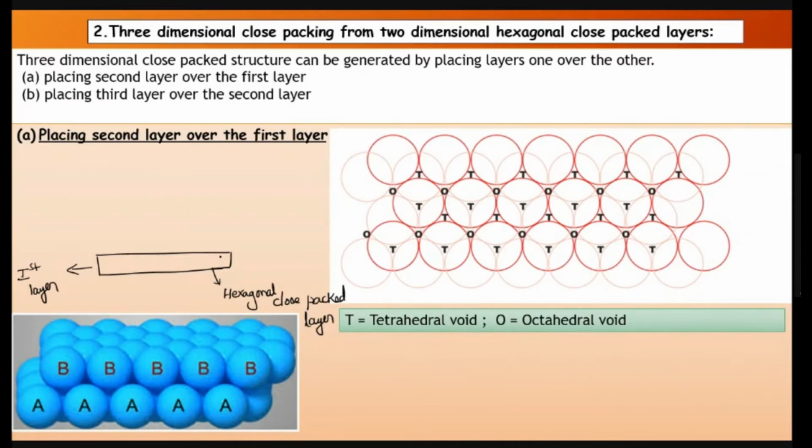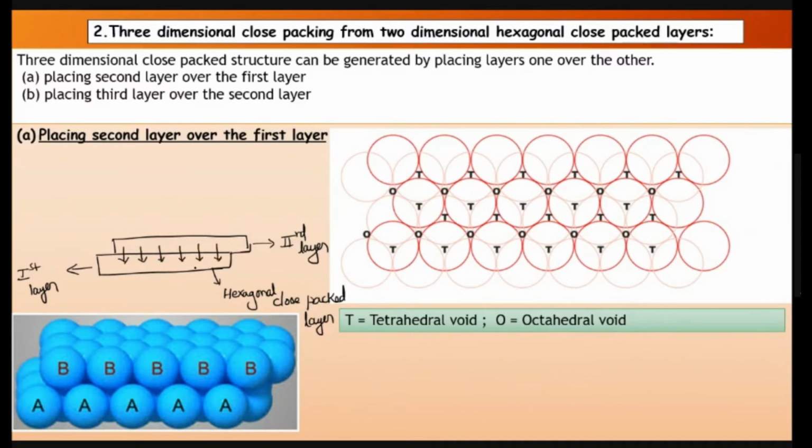This is the first layer, and the second layer is this layer. Now, the talk is about how to get the three-dimensional structure by using the hexagonal close packed layers. One way is by placing the second layer over the first layer.